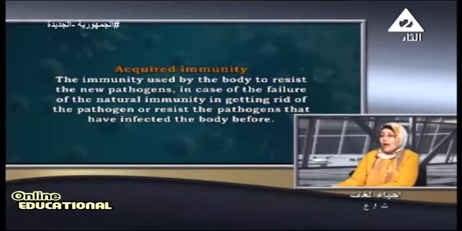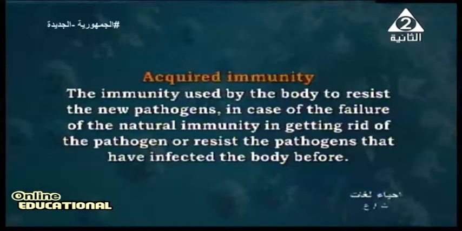What is the acquired immunity? The acquired immunity is the immunity used by the body to resist a new pathogen in case of the failure of the natural immunity in getting rid of the pathogen, or to resist pathogens that have infected the body before. This means what?